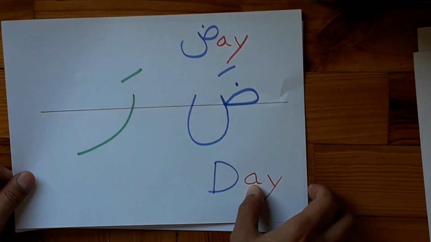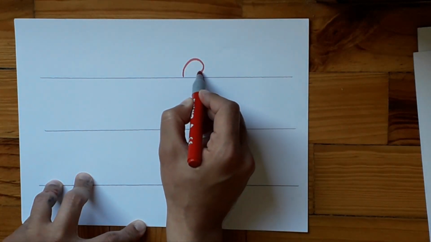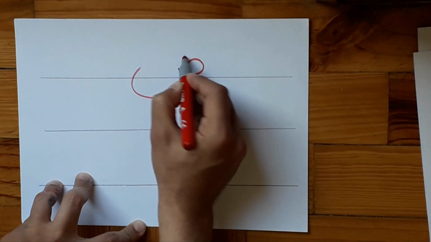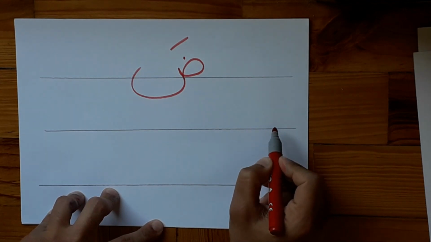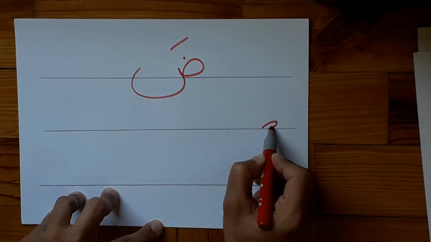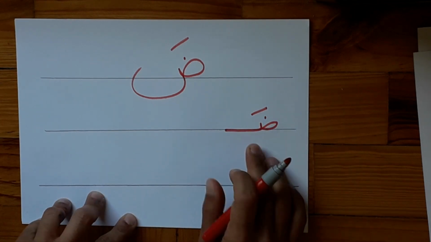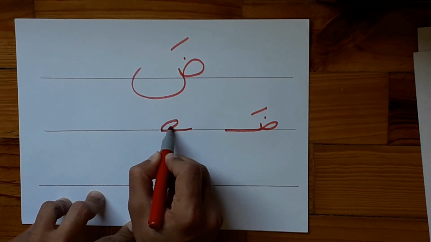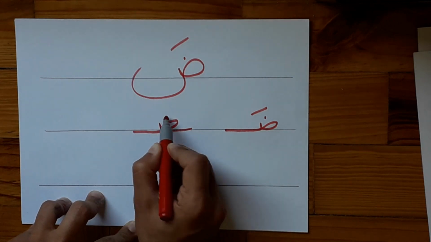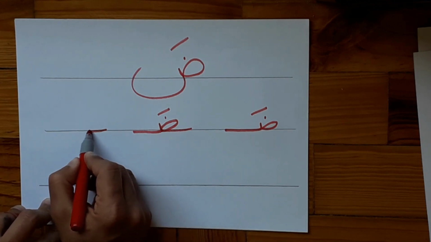Okay, let's write them down here. As I said, we have ba in the beginning of the word, ba in the middle, and ba in the end.